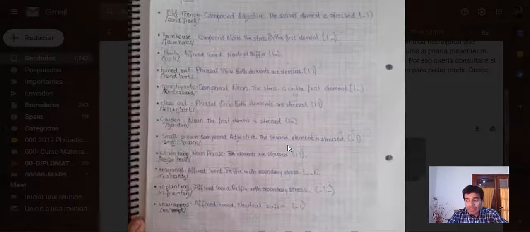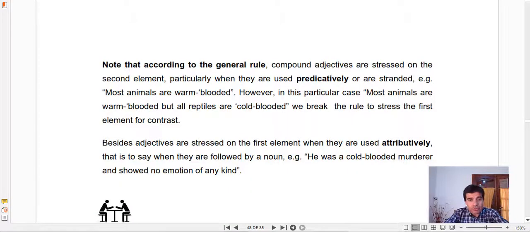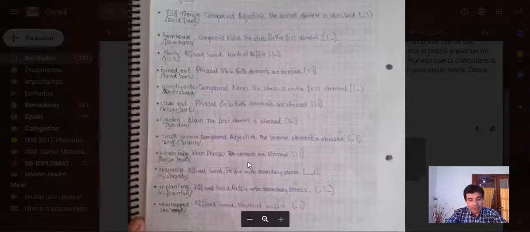But when you have a noun after the compound adjective, as I want to show you the rule here: compound adjectives are stressed on the first element when they are used attributively. That is to say, when they are followed by a noun. For example, he was a cold-blooded murderer. Cold-blooded murderer. You see, cold there is stressed. So take a look at that. Don't get confused with compound adjectives.